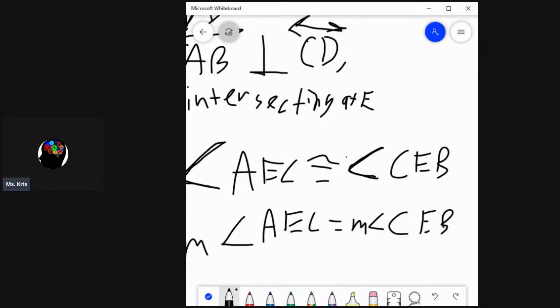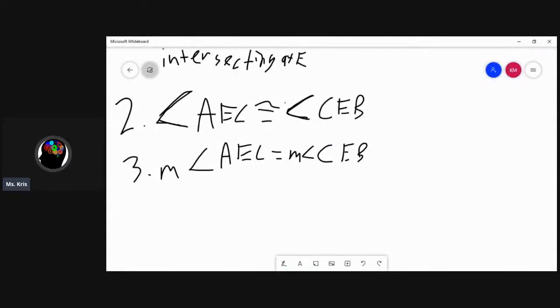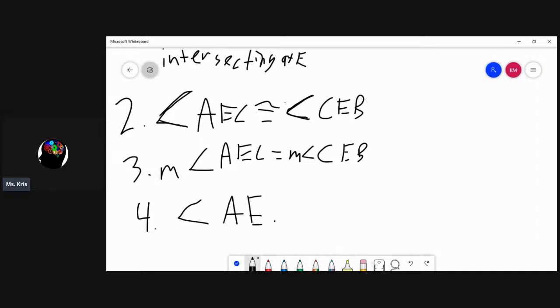Next in my proof, it probably would help if I maximize this even better. So next in my proof, angle AEB is a straight angle.